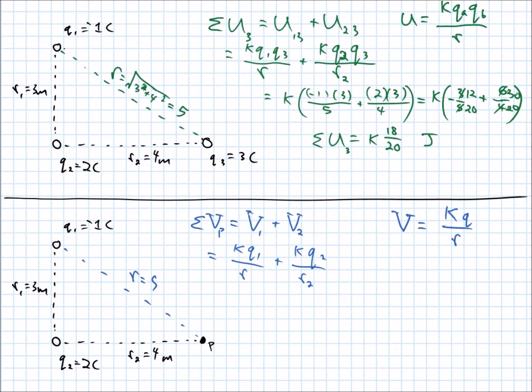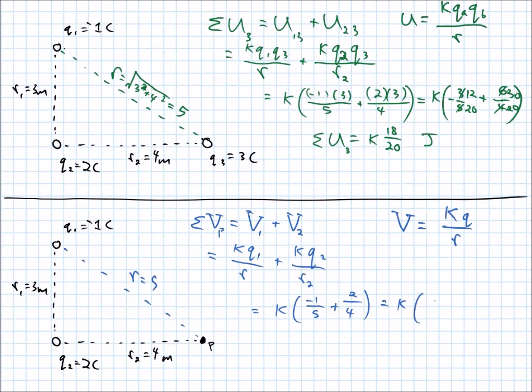Okay, and we can plug in some numbers, I guess. Factor out the k again, and that's -1 over 5 plus 2 over 4. Is that right? Yes, it is. Okay, and do the common denominator again.